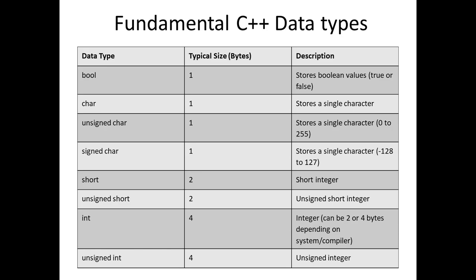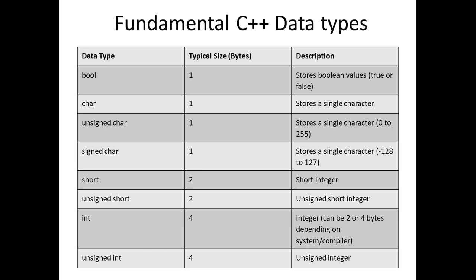Then we have another, the most popular in most codes, which is int, which stands for integer. The standard size for integer is 4 bytes, but it can be 2 or 4 bytes depending on the system. You know, we told you that some data types vary depending on the system.